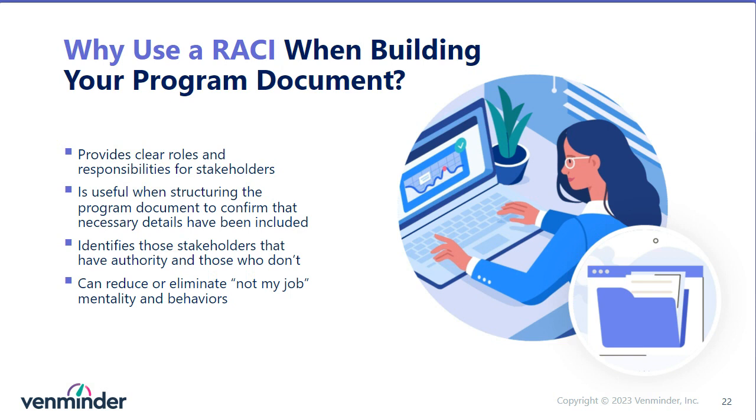If somebody has an issue with being informed, at least they can see it on the RACI chart up front, and you can negotiate how to address that, but it eliminates those 11th hour surprises.